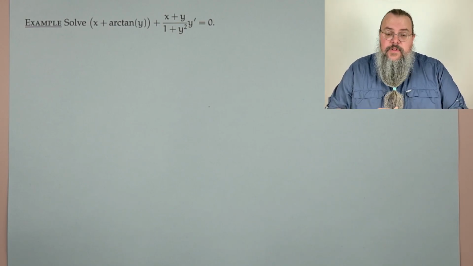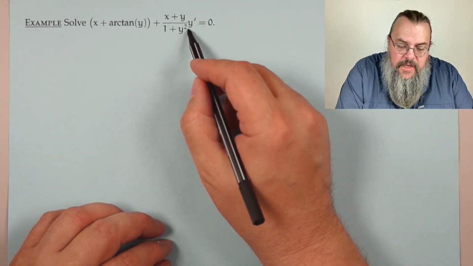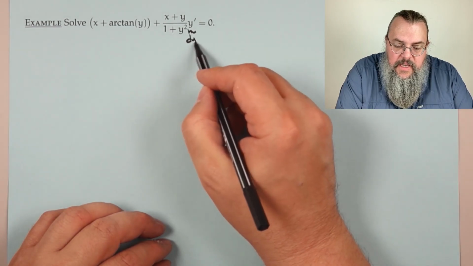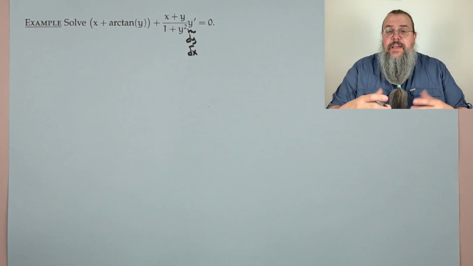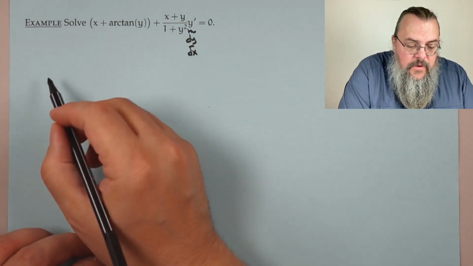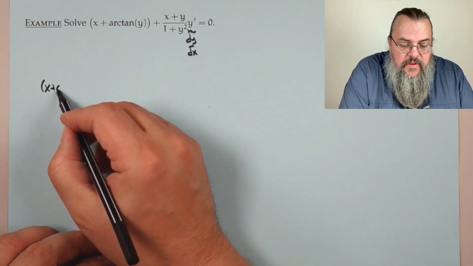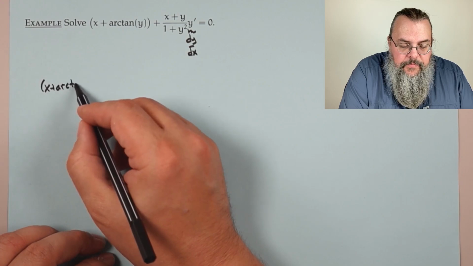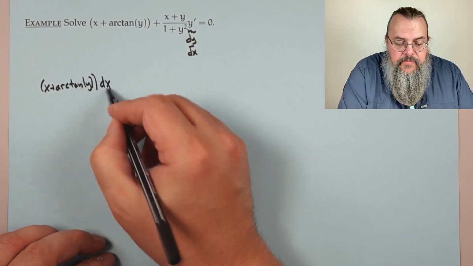So the first thing I'm going to do is rewrite this, because I'm going to think of our y prime as dy over dx, and I'm going to imagine multiplying through by dx, because it helps me to organize. So doing that, this is the same as x plus arctangent of y times dx.